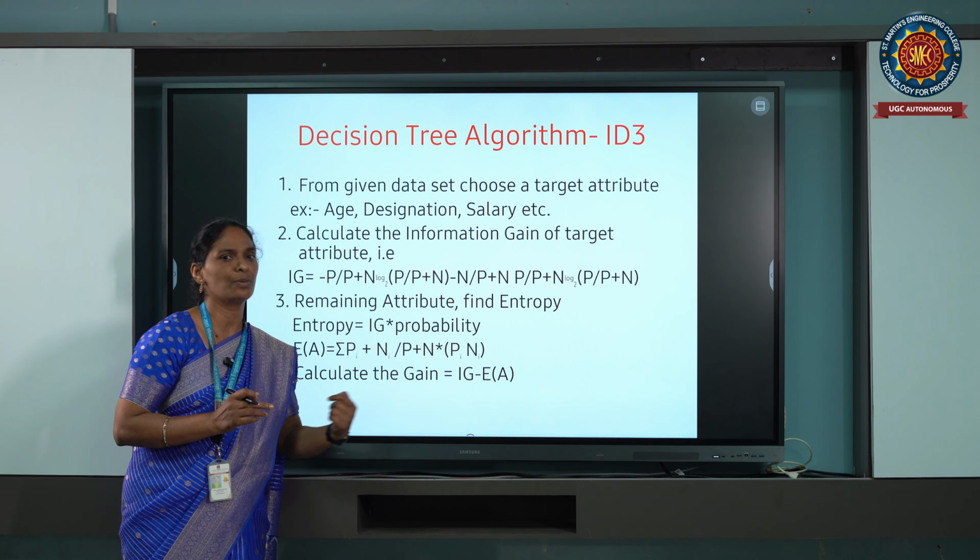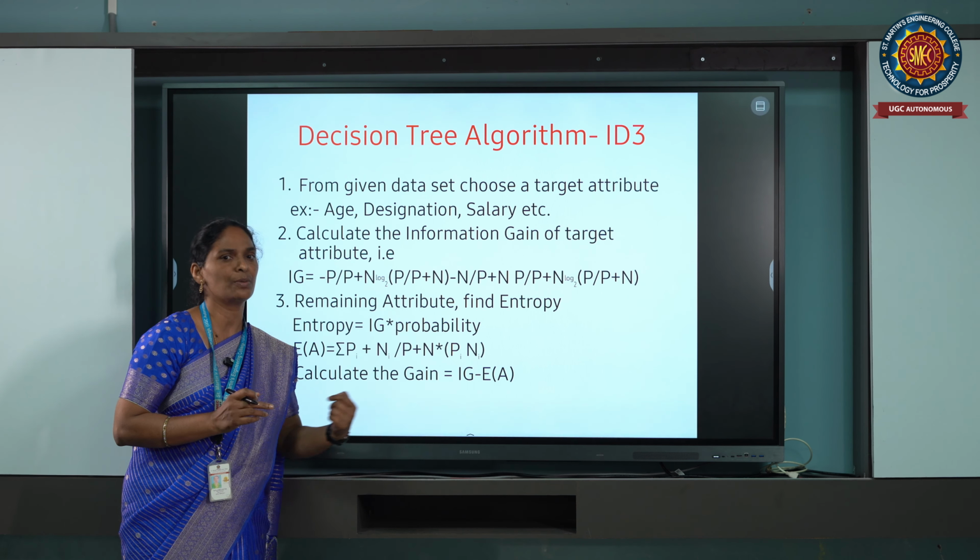Profit is mainly what we are going to calculate the information gain for, and the remaining can be treated as non-profit. We will see how to calculate based on the given data set, and the problem based on the algorithm.